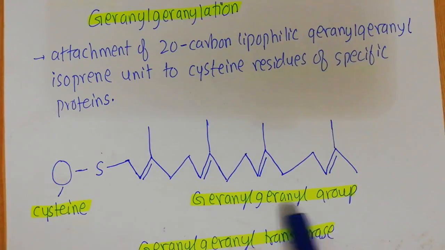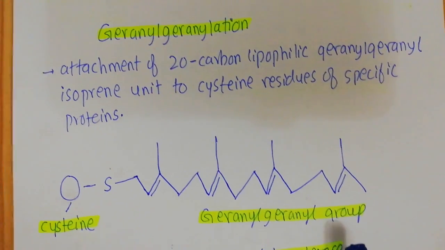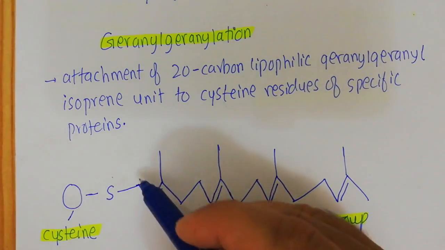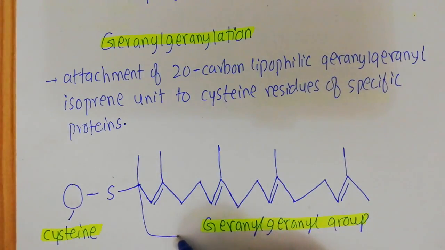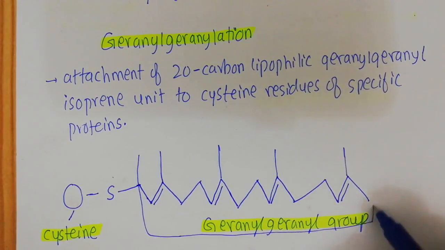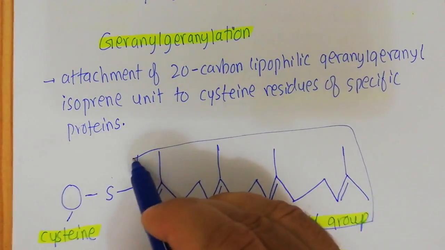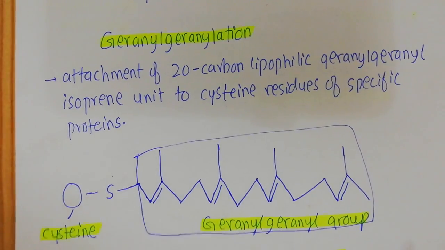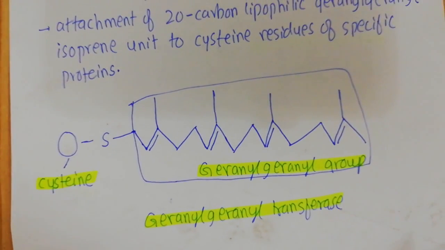This particular structure from here is your geranyl group, and what you are doing is adding this geranyl group to the sulfur of the cysteine amino acid in the gamma subunit with the help of the enzyme known as geranylgeranyl transferase.